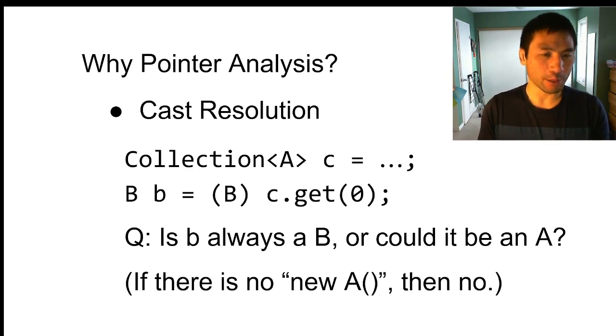Again, we're assuming that B is a subclass of A. And so the question is, is what you get always a B, or could it be an A? One way to do this is if in the program there's no instantiation of new A, an idea called rapid type analysis, then the answer is no. So what you want to do is see what objects get put into collection C, and then use that information to deduce facts about what comes out of collection C. And that comes from the eventual instantiation site of this object.